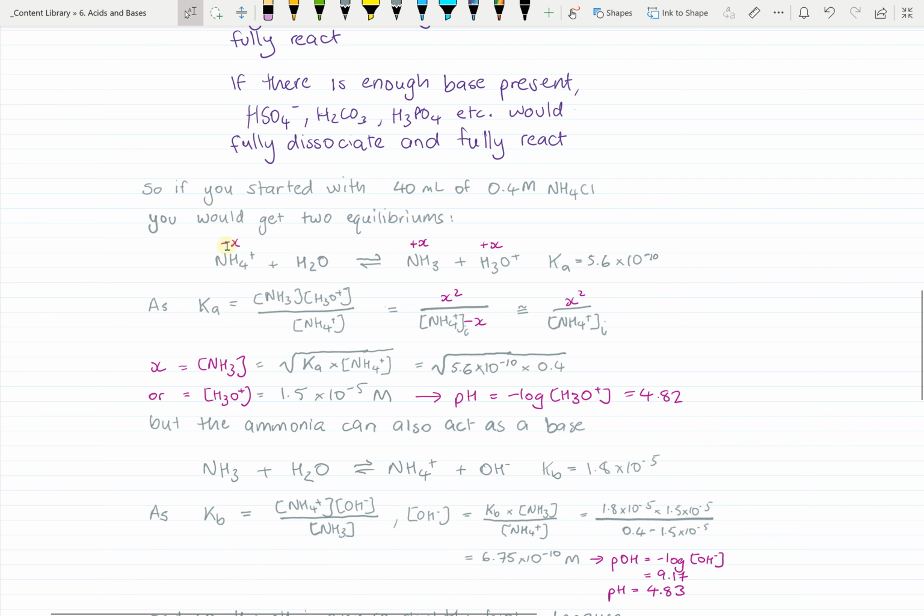And similarly to mod 5, this is kind of like an ICE table done really lazily. This is minus x, plus x, plus x. And so ammonium's concentration at equilibrium will be 0.4 minus however many that dissociate or transfer. And then however many transfer over will make ammonia and hydronium ions. And x times x makes x squared.